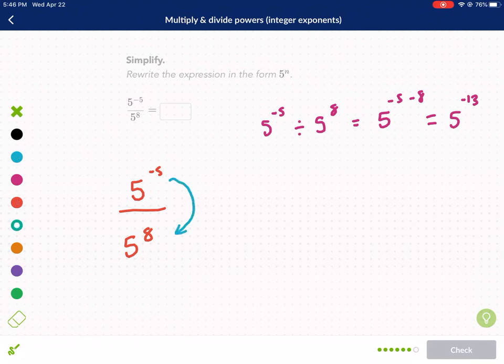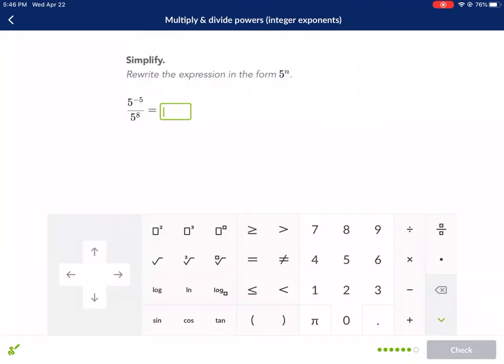So this becomes 1 over, because you can't just vacate the numerator without leaving a 1, 5 to the 8th times 5 to the 5th. It became positive because we moved it. And of course that is 1 over 5 to the 13th, which is the same as 5 to the negative 13th power. So we're going to write 5 to the negative 13 power. Check it.